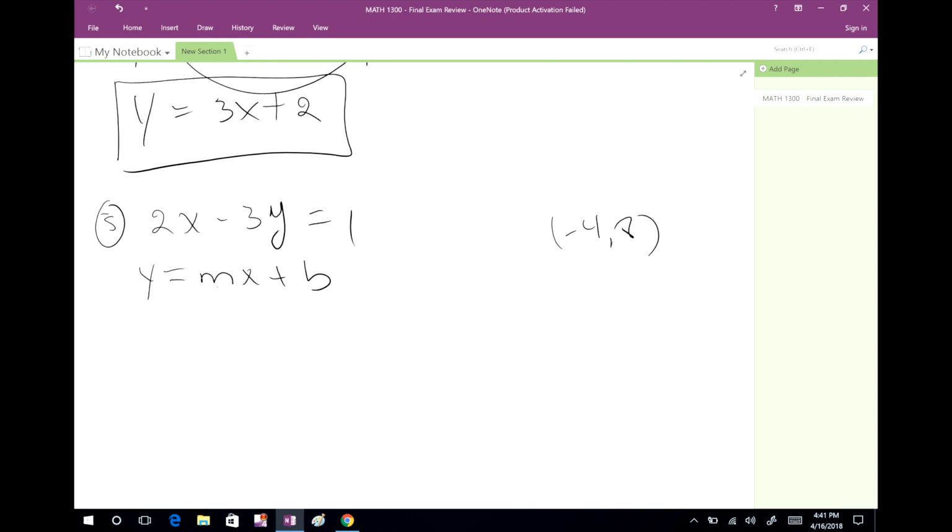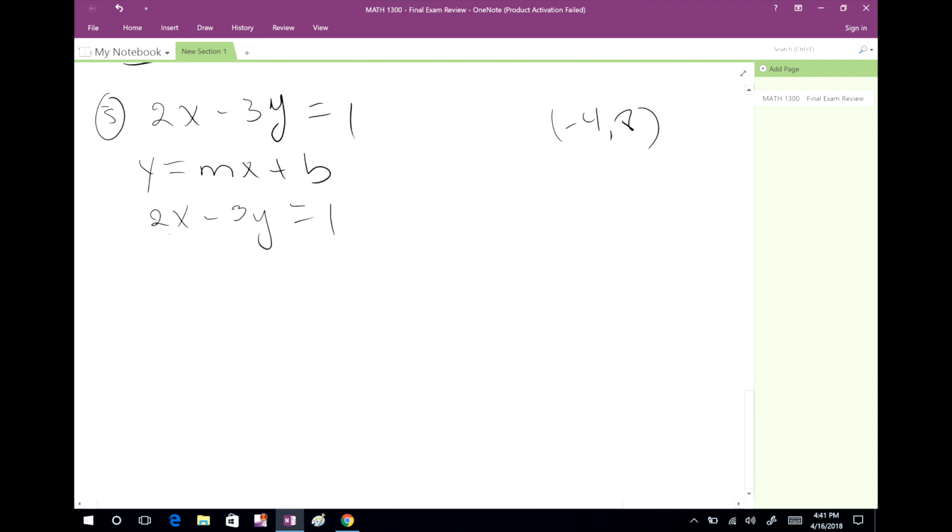Let me rewrite this equation down here. I'm going to go ahead and move the 2x to the other side. Becomes negative. I get negative 3y equals 1 minus 2x.